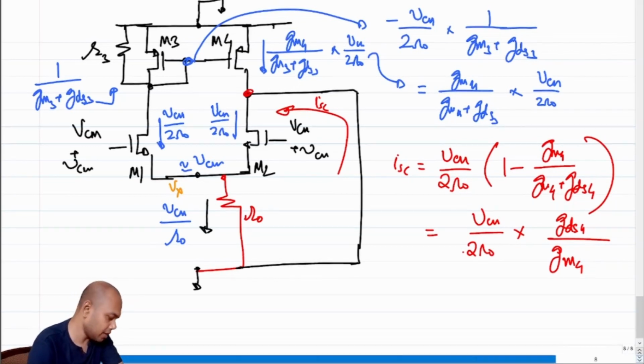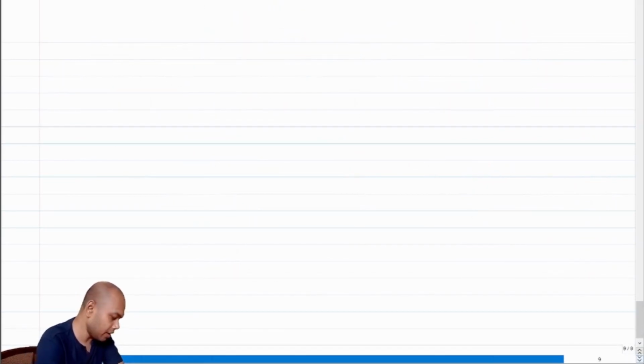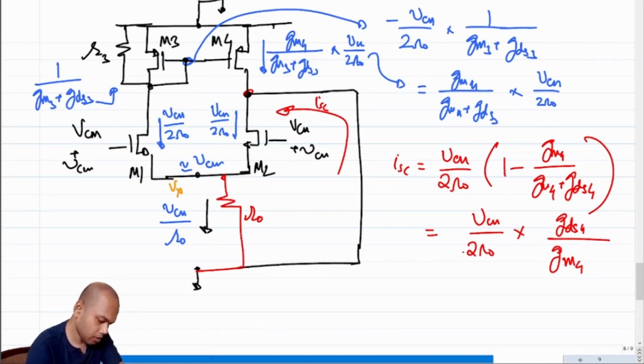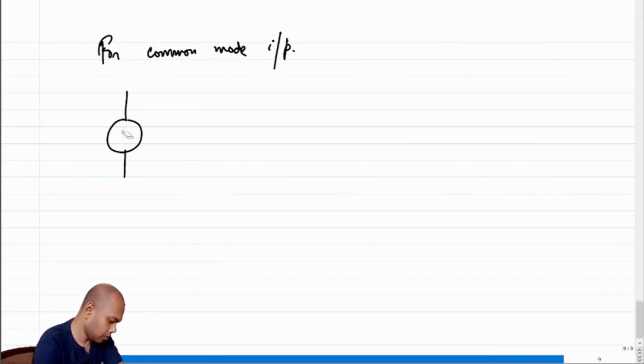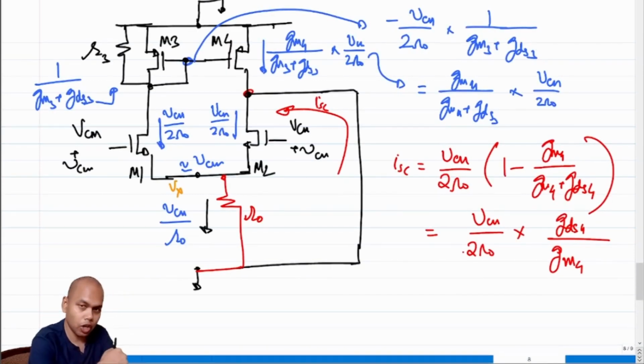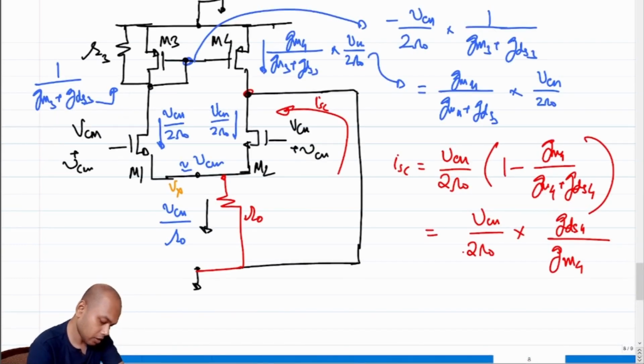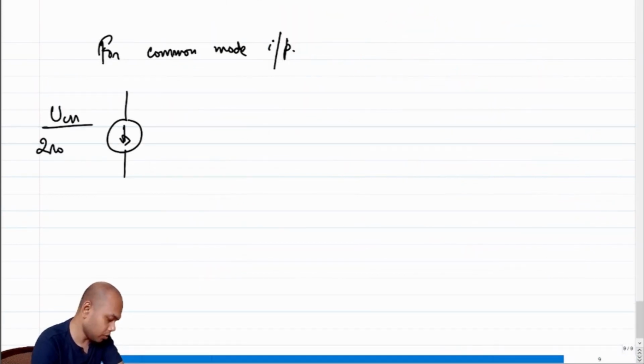And what is the incremental equivalent for the common mode input in a differential amplifier? So for common mode inputs, the incremental equivalent becomes, note that in this case the current direction is this, right? Because the current is flowing from the short into the device, so the current direction reverses, and this becomes VCM by 2R0, right, times GDS4 over GM4.